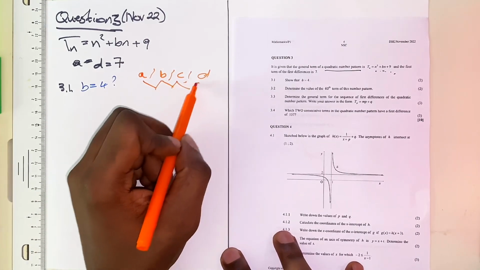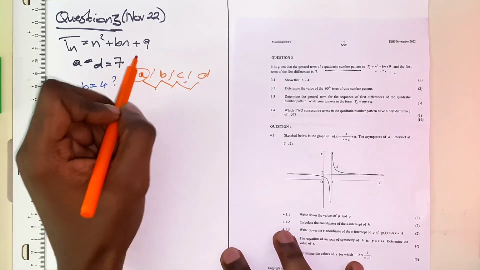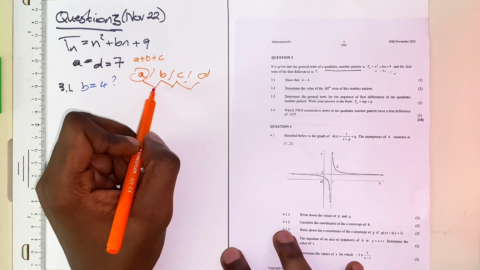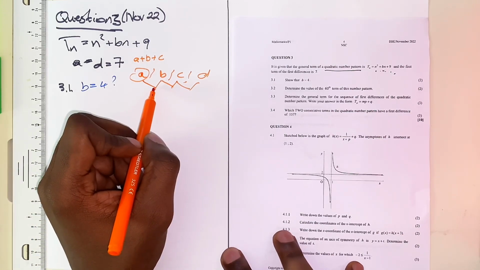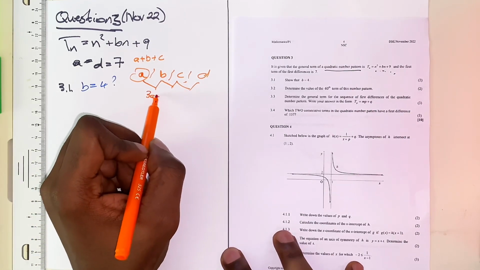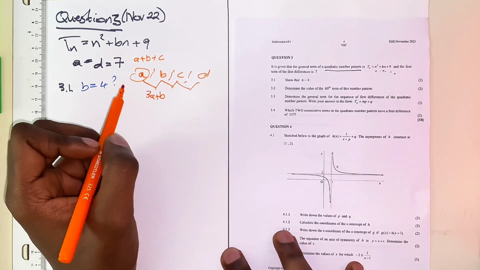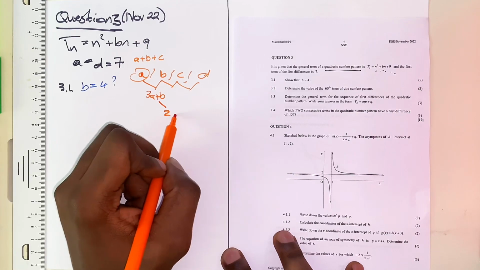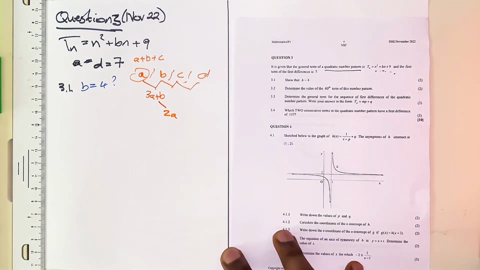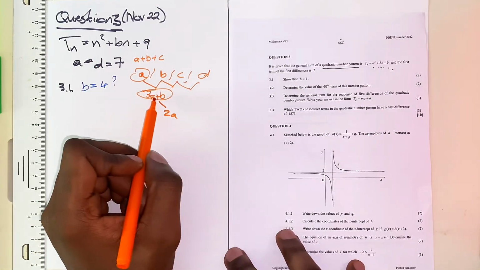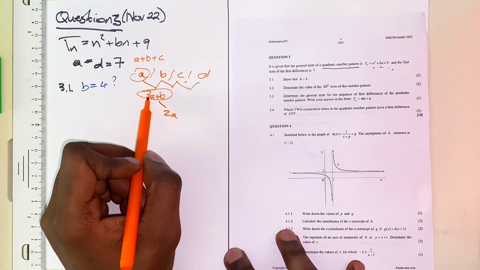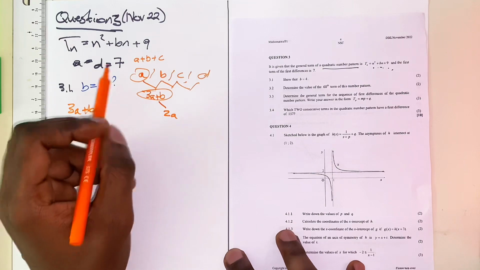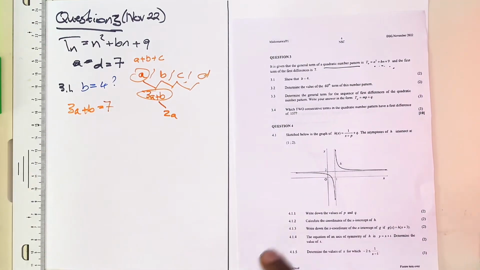The first term is given by A plus B plus C. And the first term of the first difference is given by 3A plus B. And then the first term of the second difference is given by 2A. If we know the value of the first term of the first difference, that means we know 3A plus B, and that is equal to 7.